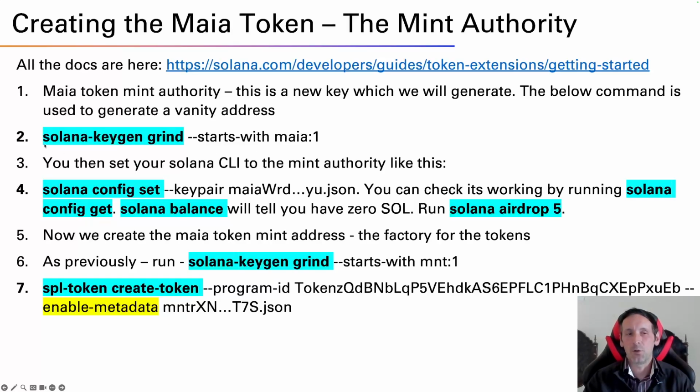It's used in this manner. You run the solana-keygen command, then you specify the grind command line argument, and then the flag which says starts-with, and then MAYA:1. Maya is whatever you want it to be. It's just the few characters that are at the start of the address.